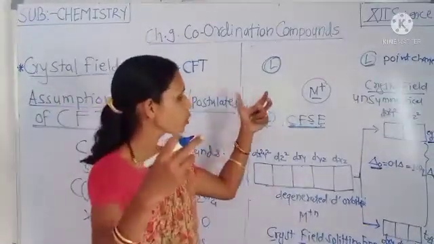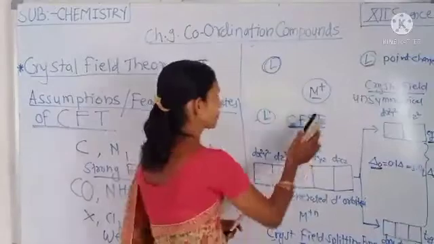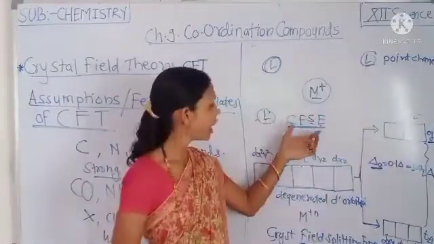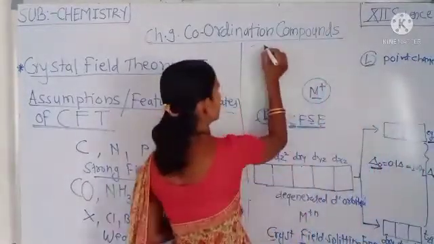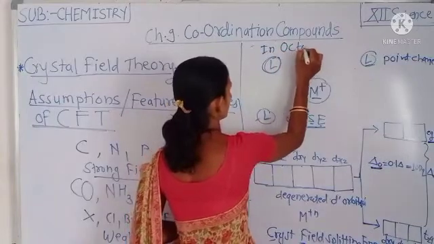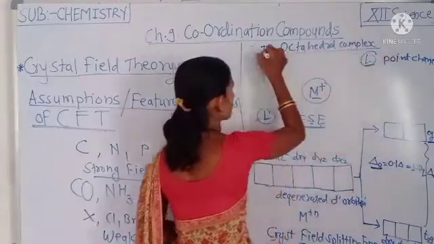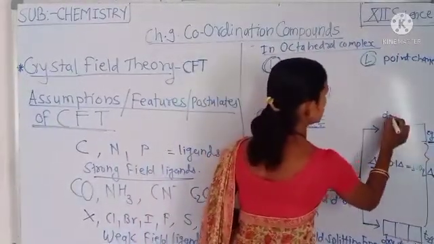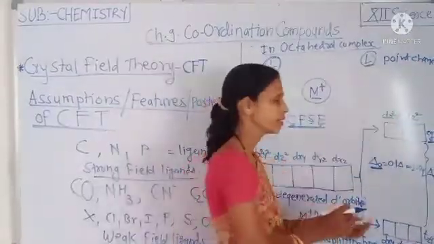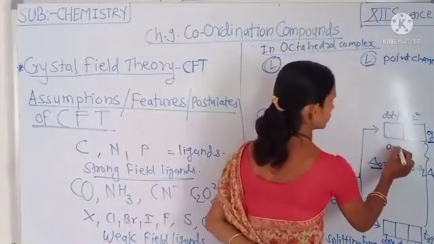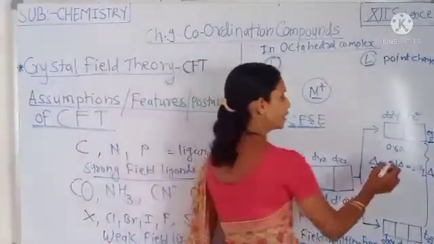That means when strong field ligands approach the central metal ion, the energy of the Eg set changes. In an octahedral complex, the energy of the Eg set, that is the dx2y2 and dz2 set, is raised by 0.6 delta, that is 6 Dq.